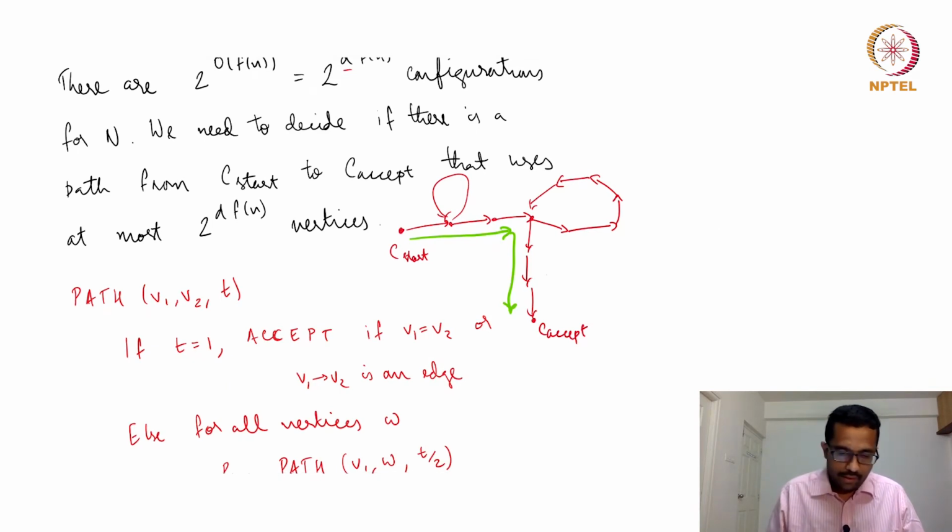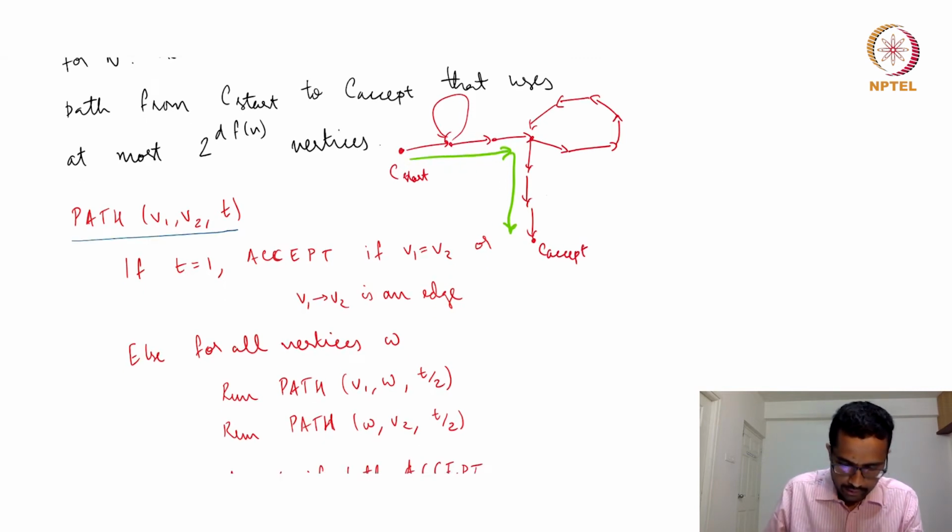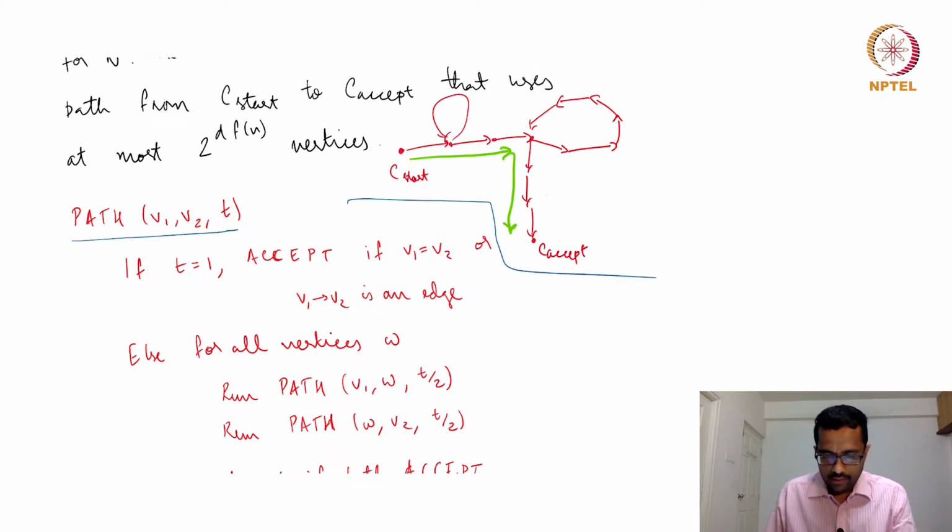Now again, we named this problem of finding whether there is a path from a vertex S to a vertex T in a directed graph as the path problem, right? So now we will make a function call, okay, and here this path v1 v2 t is a pseudocode that will tell whether there is a path from v1 to v2 using at most t vertices or at most t steps.